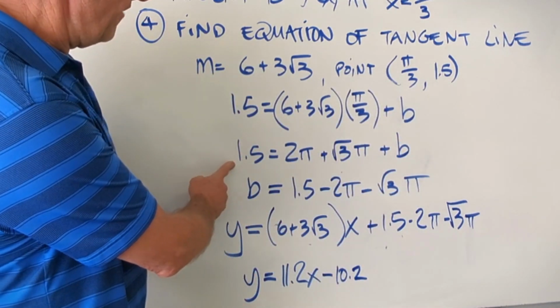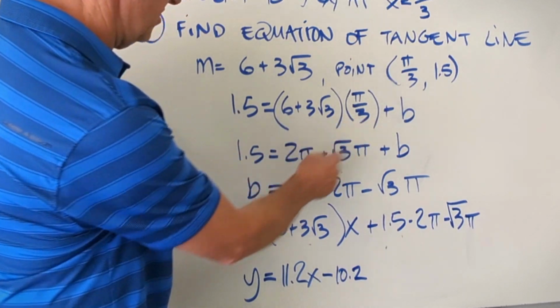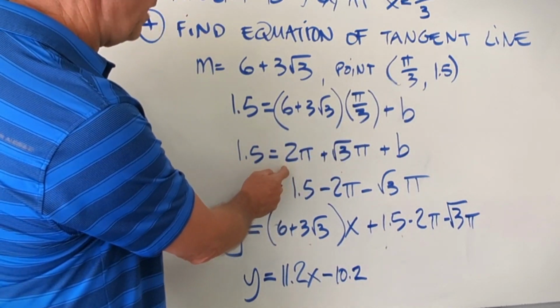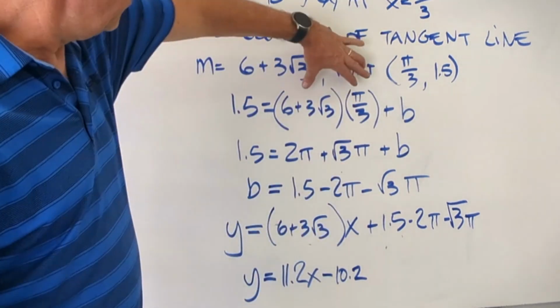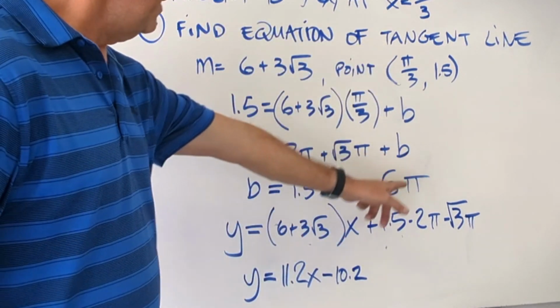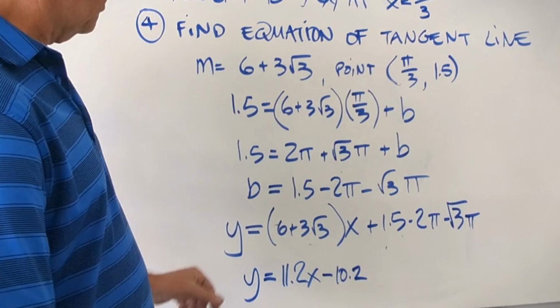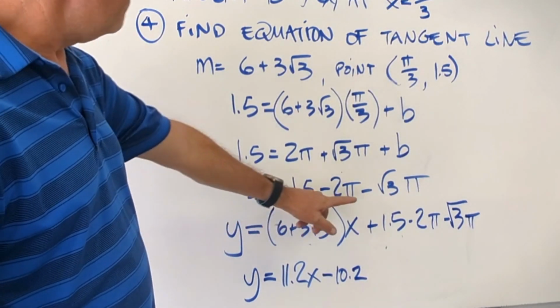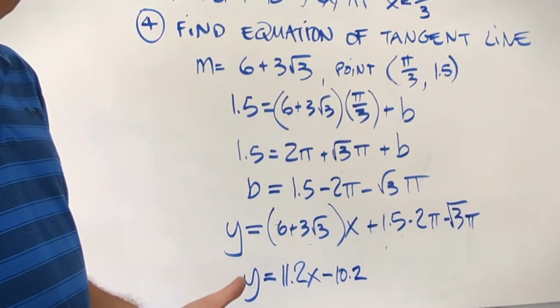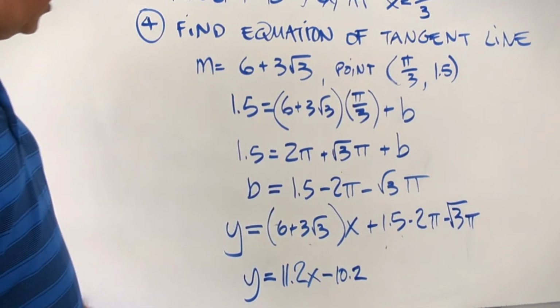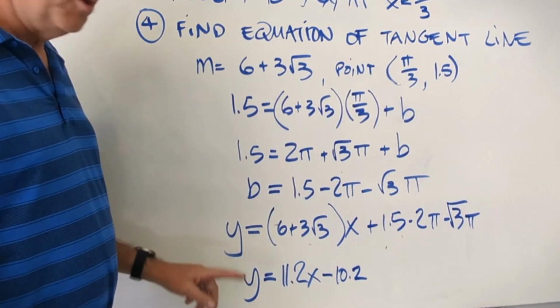I left my 1.5 alone, I did my distributive property here, which gives me 2 pi plus 3 root 3 pi. That's what happens when you multiply these two terms out, plus b. And so I just move these over. So my b is 1.5 minus 2 pi minus root 3 pi. Pretty cumbersome formula, especially when I translate it into the formal equation of the line.